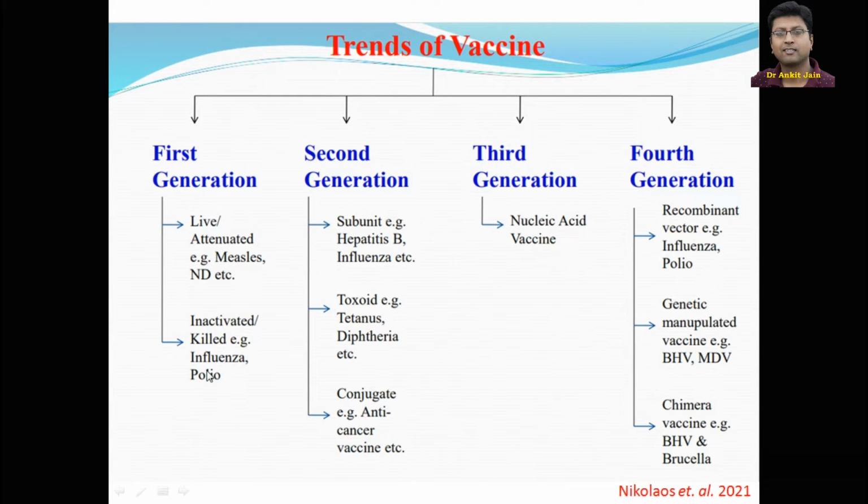Or when we introduce live virus or live bacteria, it may become pathogenic again and cause disease. So looking at all these things, scientists discovered different methods to prepare vaccines, and out of them I am here describing the third generation vaccine.